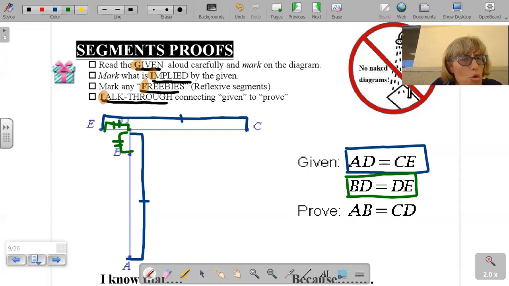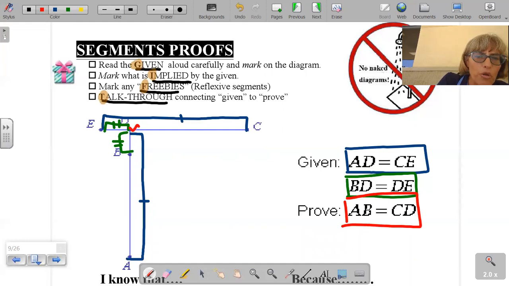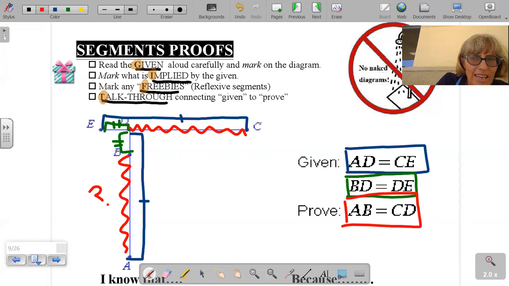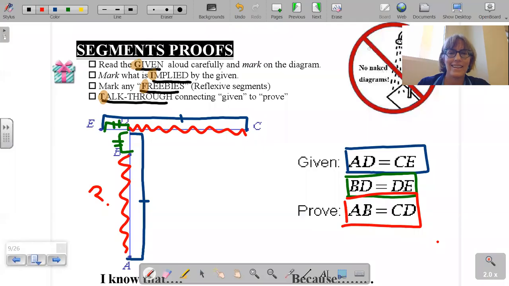We want to prove or explain: if the big segments, the blue ones, are equal, and these little pieces are equal, how would we know for sure that these leftover segments are also equal? So you've been given the answer.